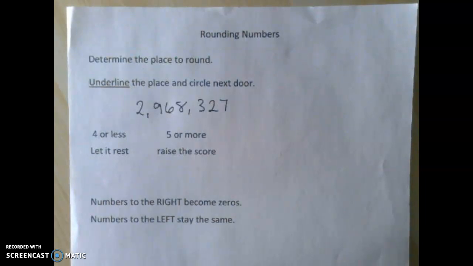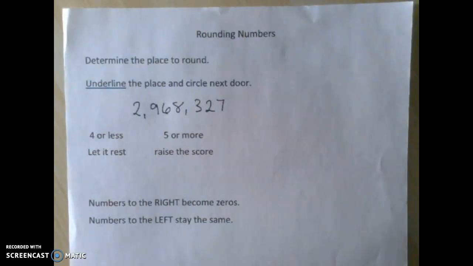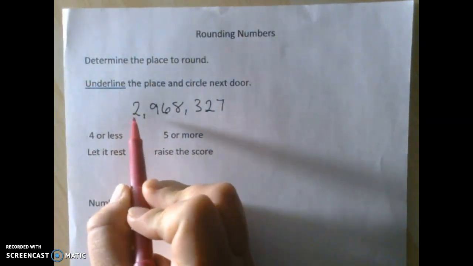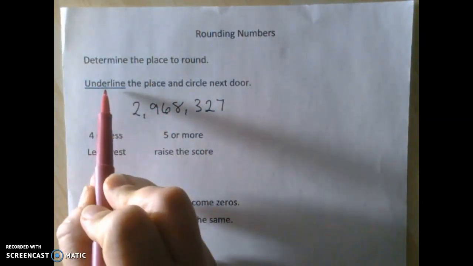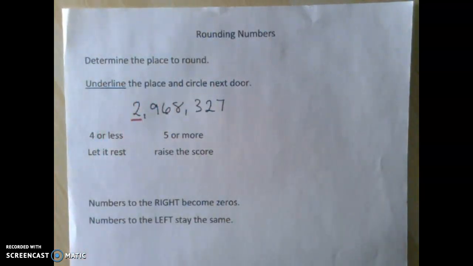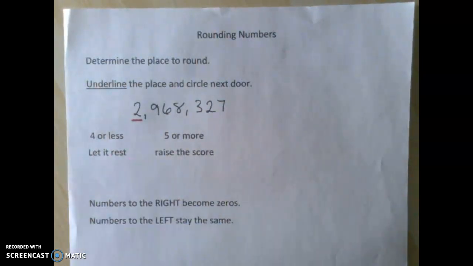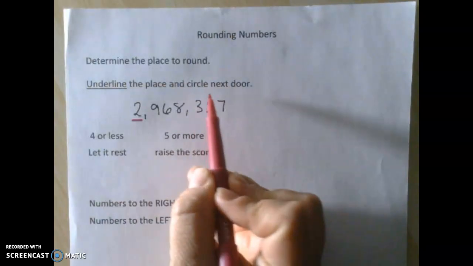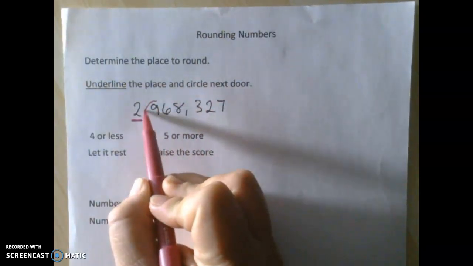So for this number, if I was asking you to round this number to the largest place, that means the digit with the most value, which is right here, the 2. So we're going to underline that place. This helps us remember what number we are rounding, what digit we should be rounding. Okay. Then I'm going to circle the digit next door.